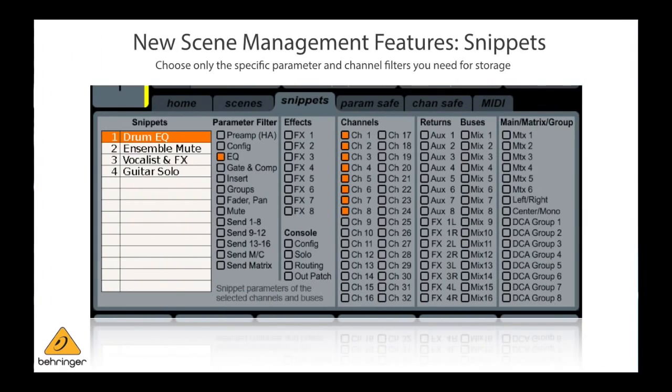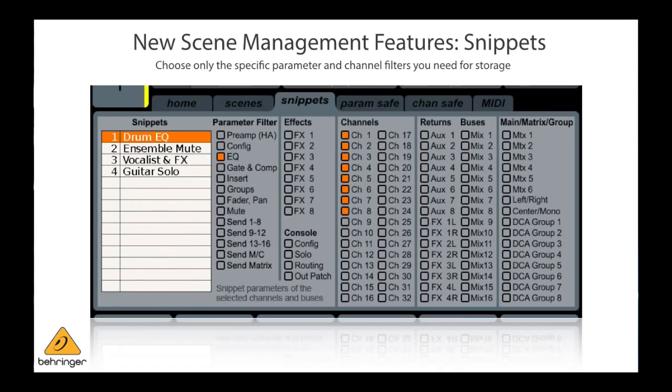Now, this new snippets feature is really fantastic. What it allows you to do is take multiple individual parameters, be it for your individual input channels, your mix buses, your effects, and actually store those in a snapshot, the current state of all those parameters which you have selected, as you can see by that very extensive menu that you have.